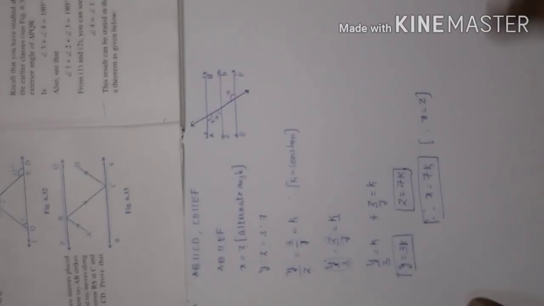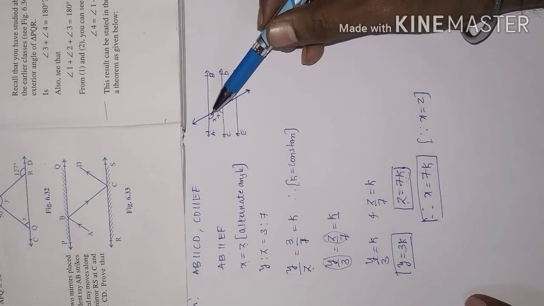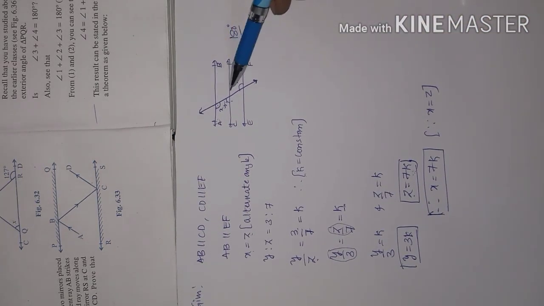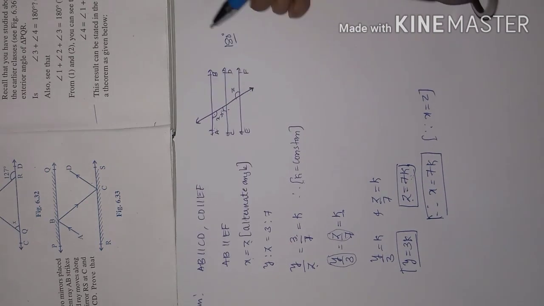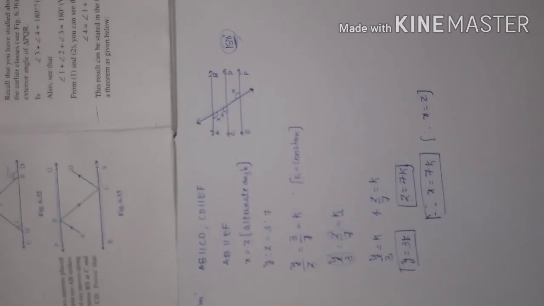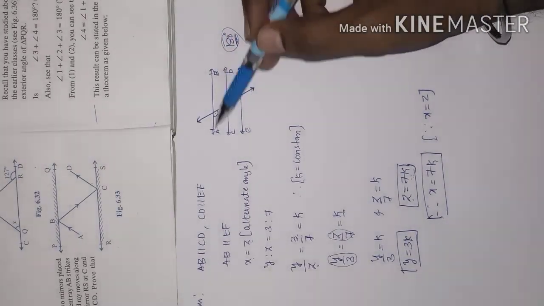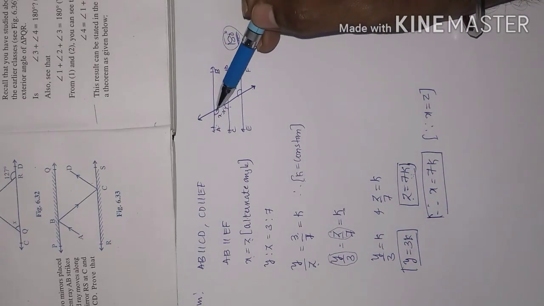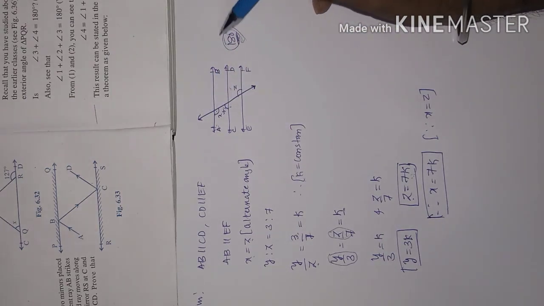Now by using the theorem, that is, if a transversal intersects two parallel lines, then each pair of interior angles on the same side of the transversal is supplementary. The statement says this only, no? I will repeat it once again. If a transversal intersects two parallel lines, then each pair of interior angles on the same side of the transversal is supplementary.